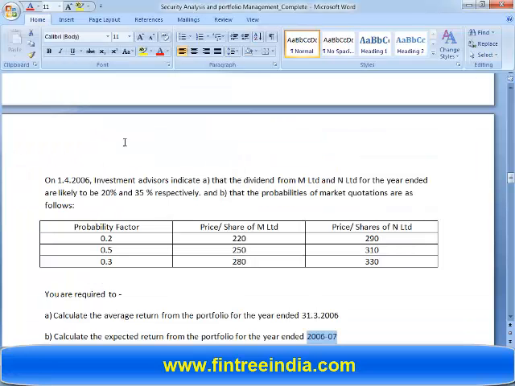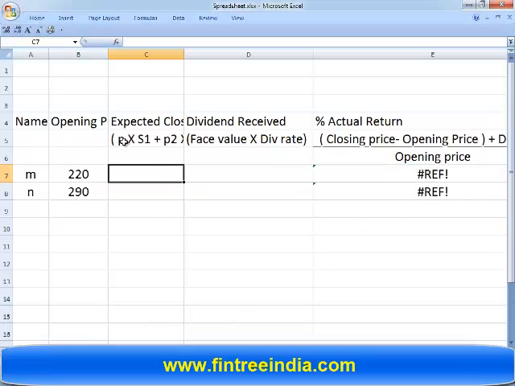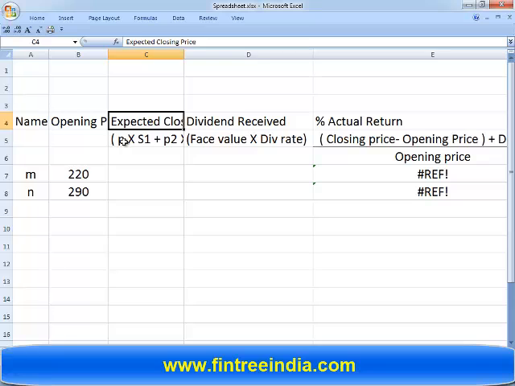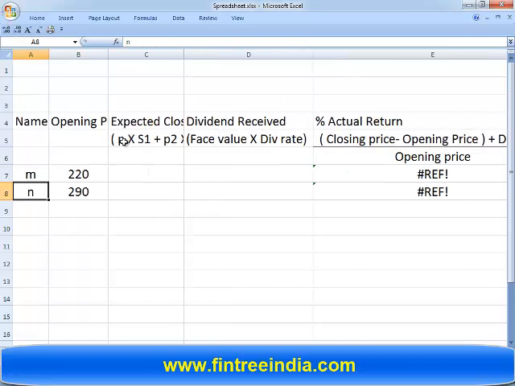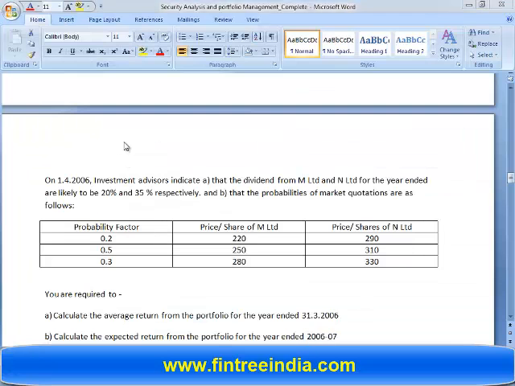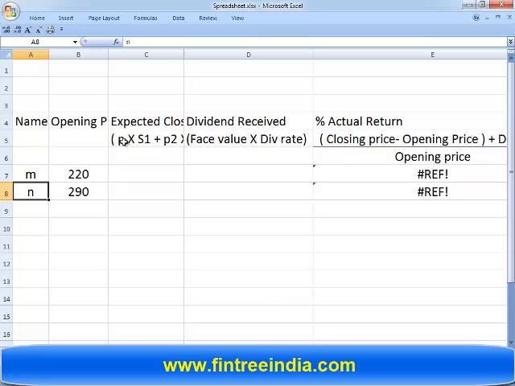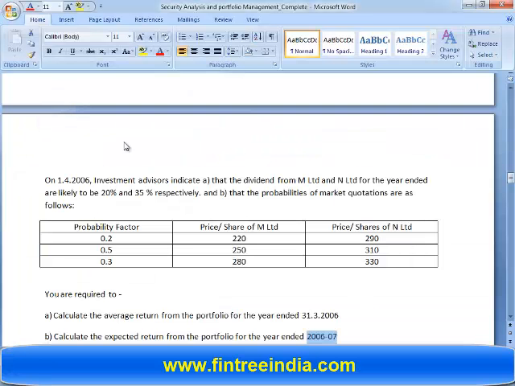Name, opening price same, exactly same format. Expected closing price, dividend received and actual return. Should I show the question? You can see the question now.